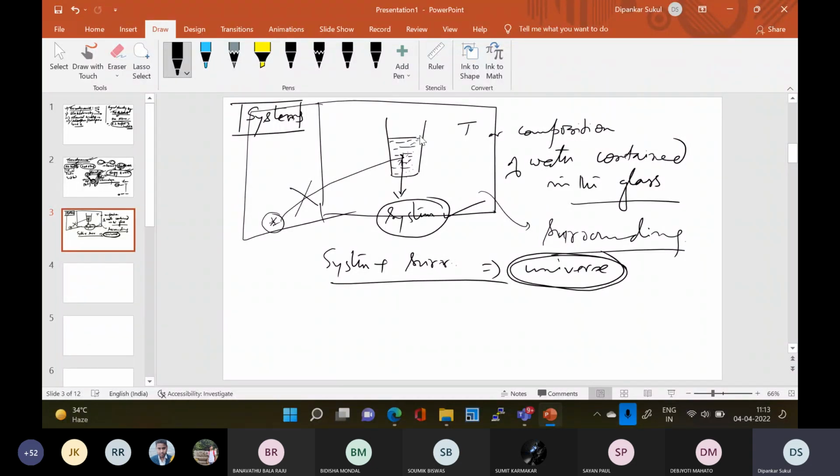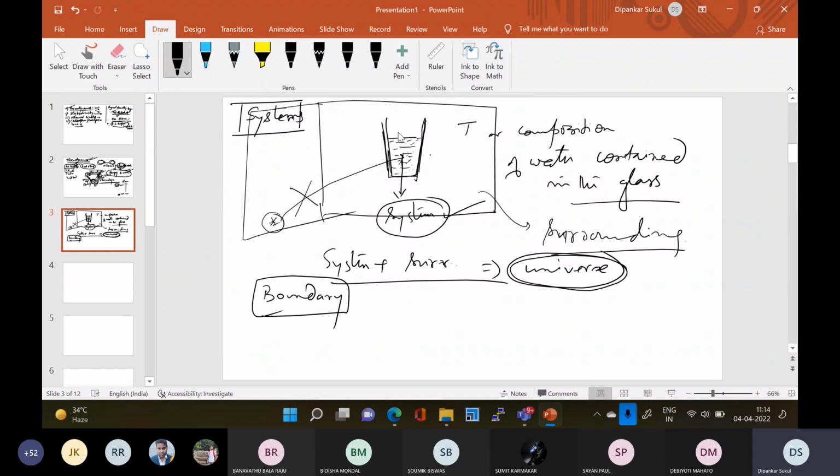Now, between your system and surrounding, there is a boundary. In this particular case, the glass wall is the boundary. But there are many practical instances where the boundary is actually not real, but imaginary.